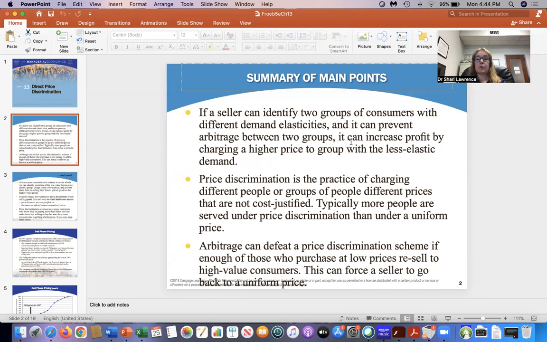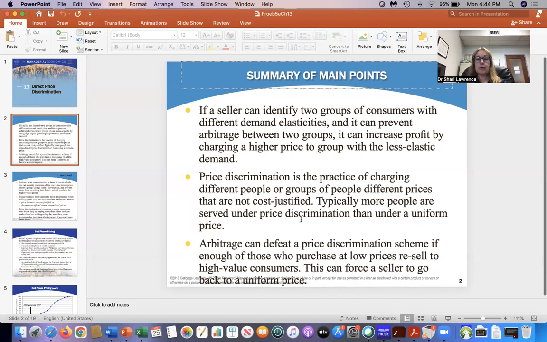They're charging a lower price to customers with more elastic demand, because if the price is lower, that will increase their demand, and they'll charge a higher price to consumers with more inelastic demand because they are going to pay that price anyway. If somebody's more price conscious, if they have less income, like seniors or students, the demand is going to be more elastic. With everybody else, the demand is less elastic.